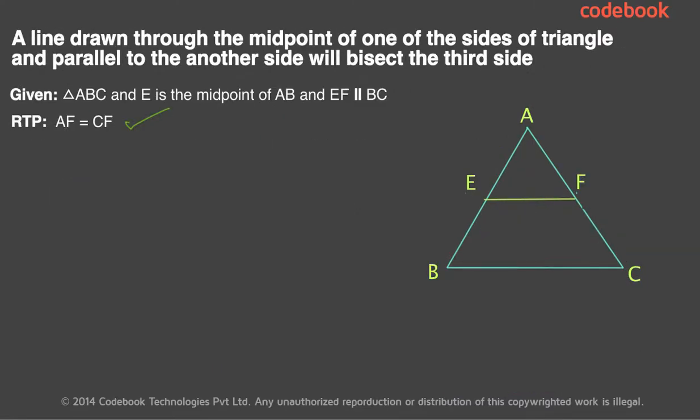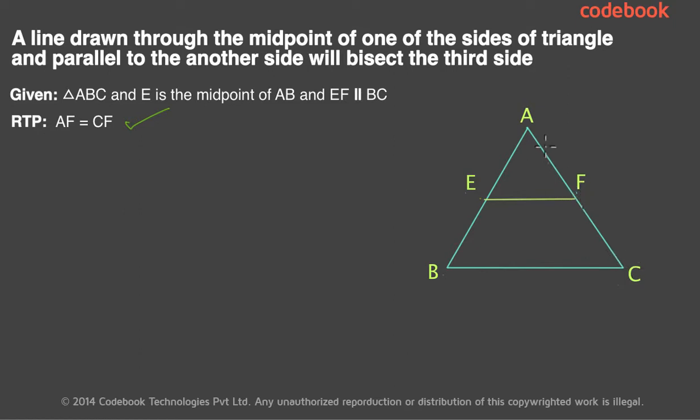Now let's look at another theorem. Here we have been told a line drawn through the midpoint of one side of a triangle and parallel to another will bisect the third side. So here we have been given ABC as the triangle. E is the midpoint of AB and EF is a line segment parallel to BC and intersecting AC at F. So we have to prove AF is equal to CF.